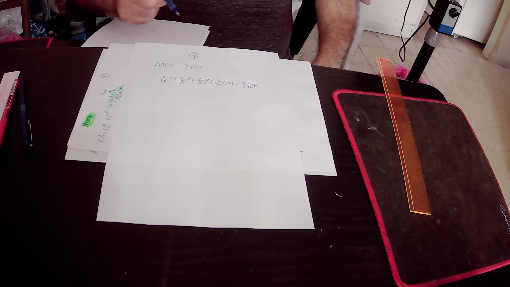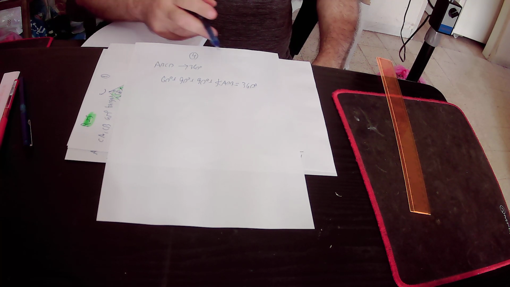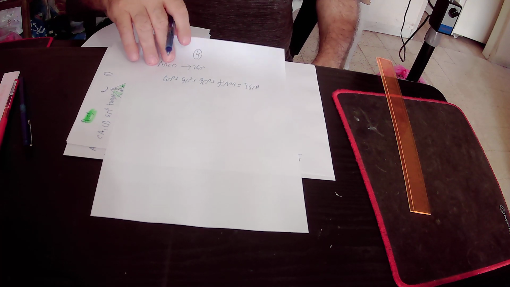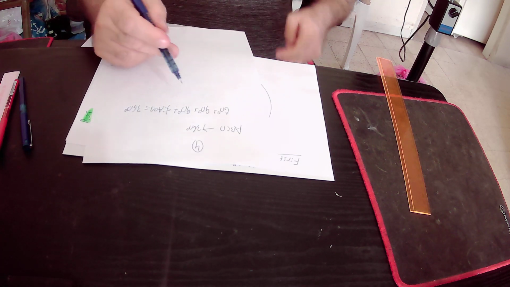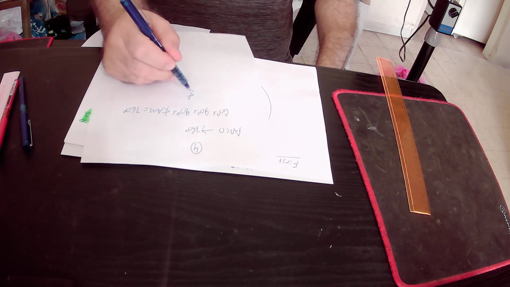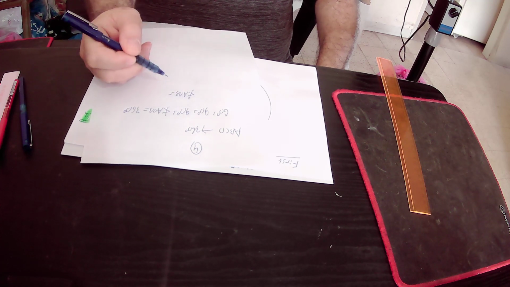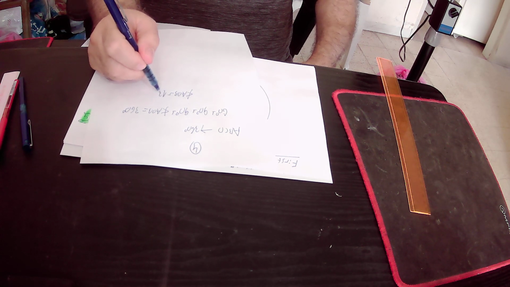So here we have 60 degrees plus 90 degrees plus 90 degrees equals 240 degrees. So we will subtract 240 degrees from this equality, and we will get that angle AOB equals 360 degrees minus 240 degrees equals 120 degrees.